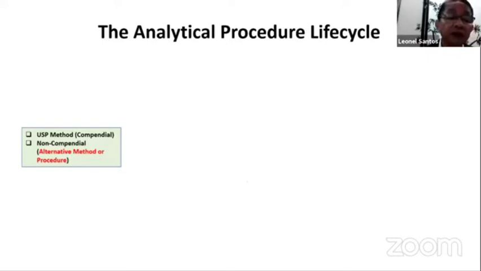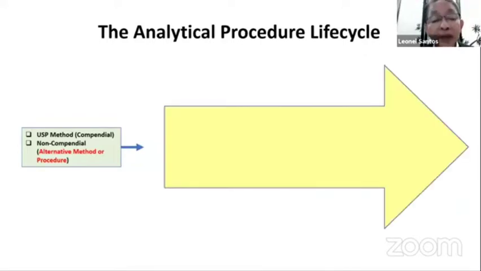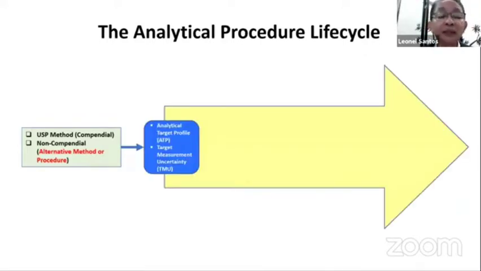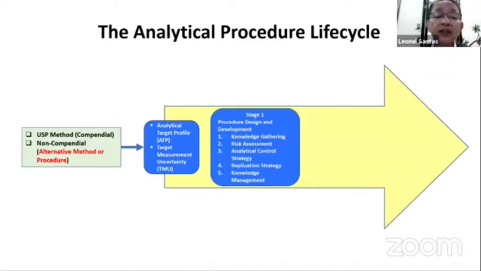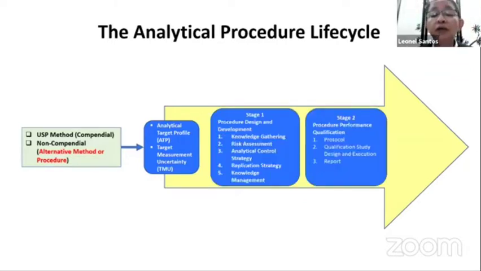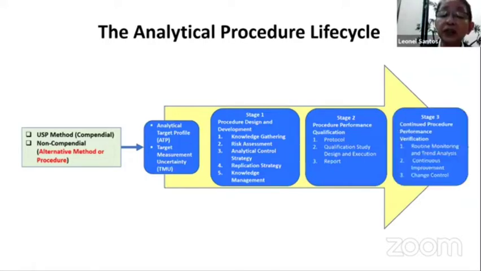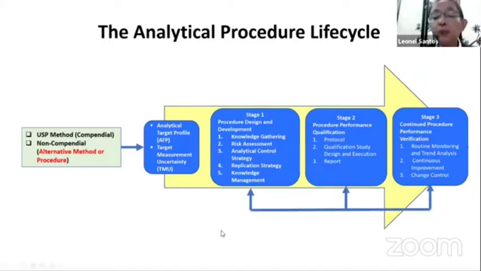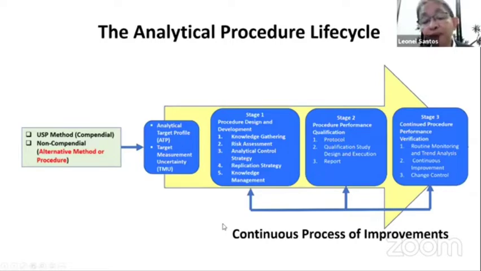As I have described to you, the implementation of compendial or non-compendial methods in the laboratory, I mentioned earlier, has to be adapted into the new proposed life cycle, starting with the analytical target profile, ATP, and also target measurement uncertainty, going to the three different stages, stage 1, 2, and 3, which are all interconnected to each other to provide a continuous process of improvement.